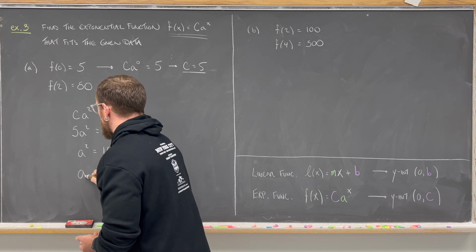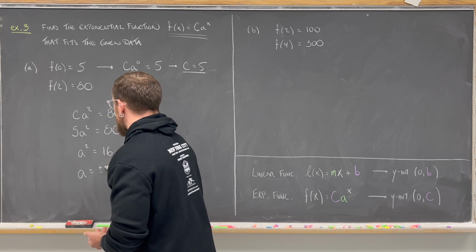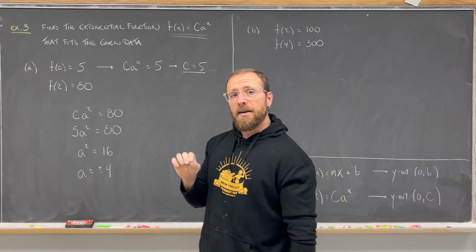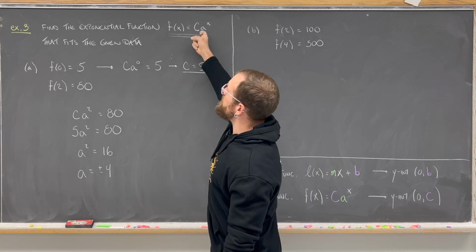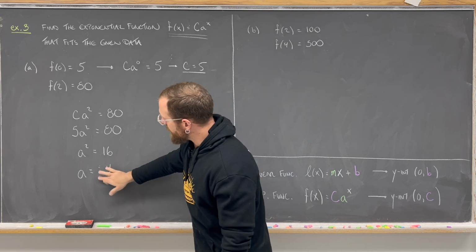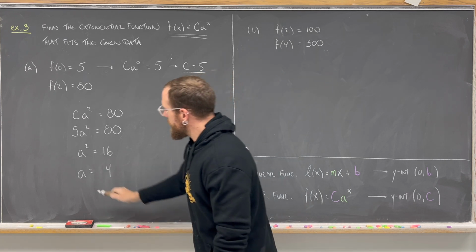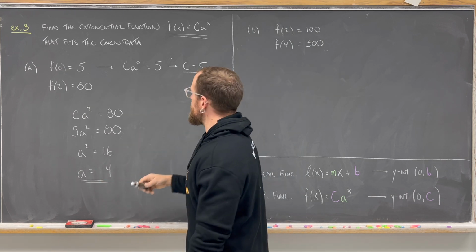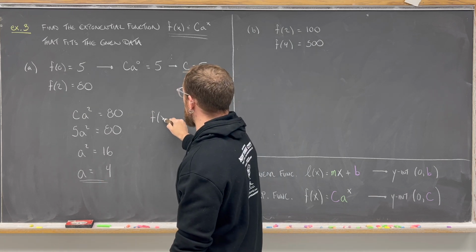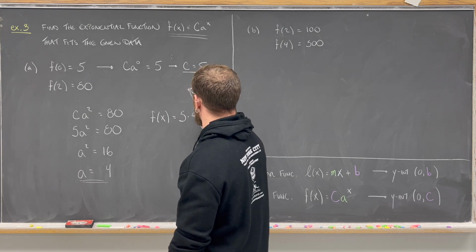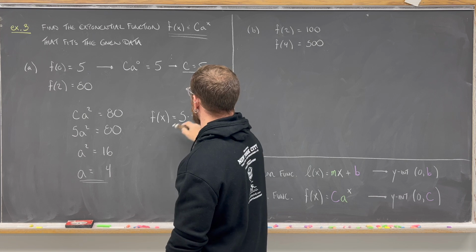Algebraically, a could be plus or minus 4 by taking the square root of both sides. But in the context of an exponential function, the base a is not allowed to be a negative number, so I know that it's positive 4. Knowing that c is 5 and a is 4 allows me to write down this exponential function entirely. It is 5 times 4 to the power x.